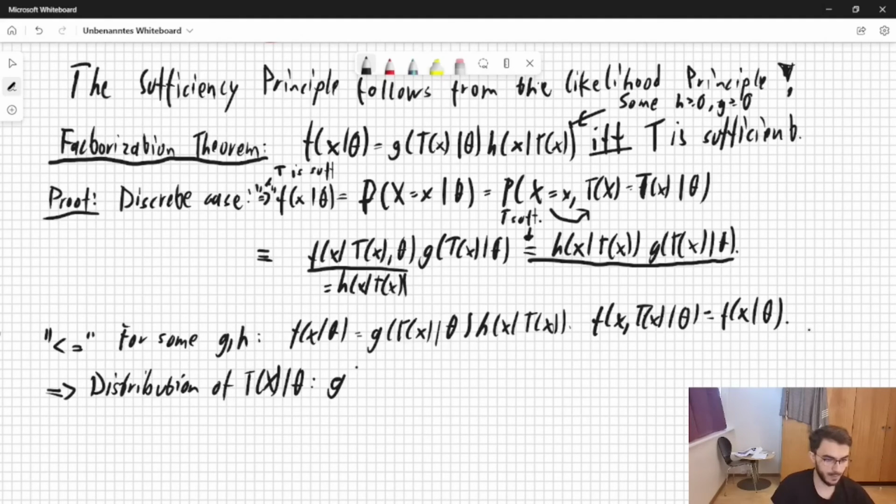So if we insert some value, let's call it t, for t of x given theta, we can calculate this distribution by summing over the joint, so summing over all values of x such that t of x is equal to small t. And we're just going to insert this.